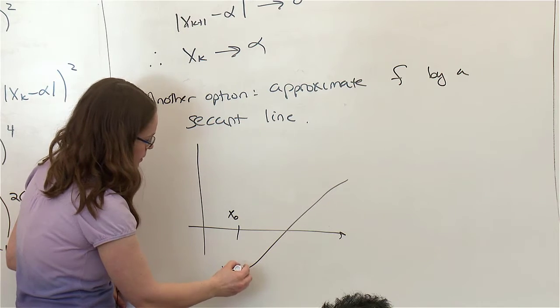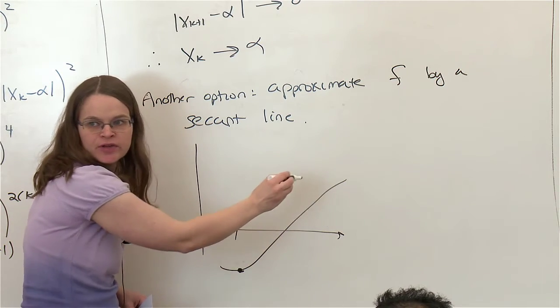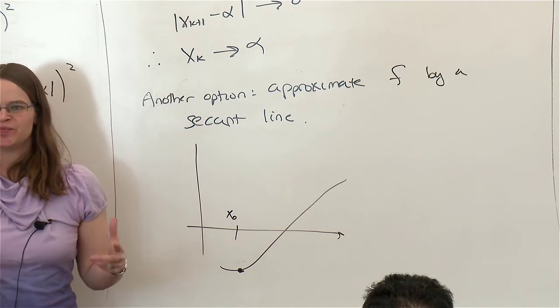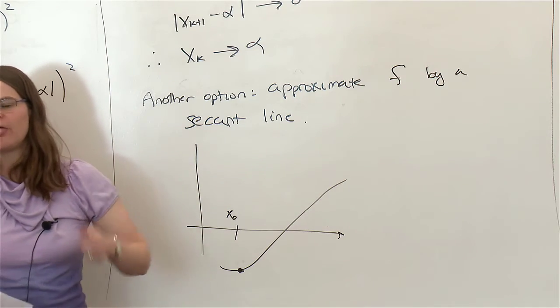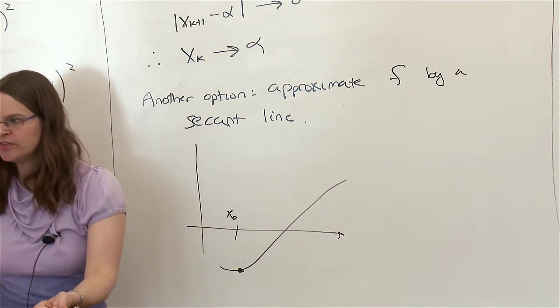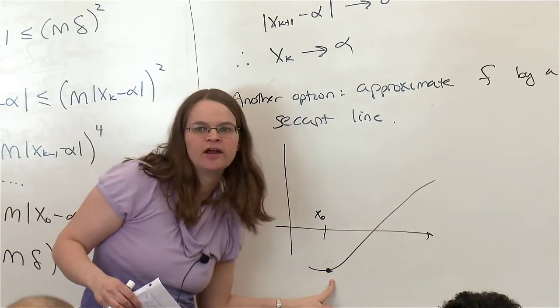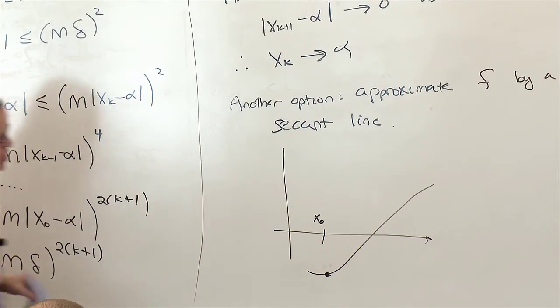I need to connect this to some other point on the graph. So there's still, one way or another, you need two pieces of information. If I'm going to build in shape information of f, I need extra information. That can come from knowing the function value and the derivative, or from knowing the function value here and the function value somewhere else. Somehow we have to build in extra information.